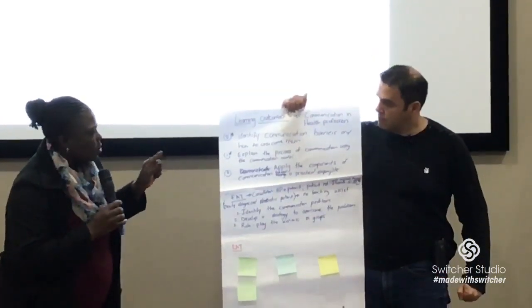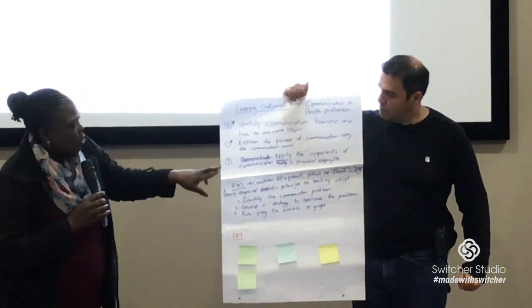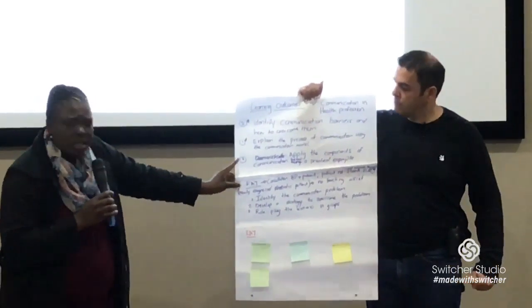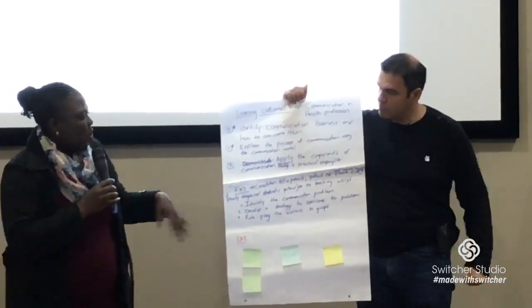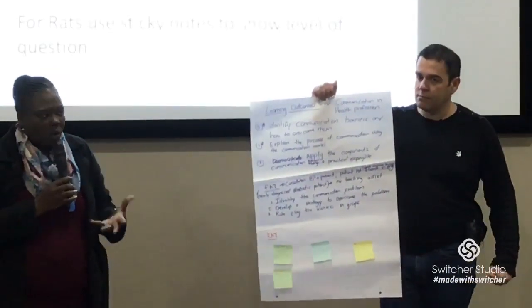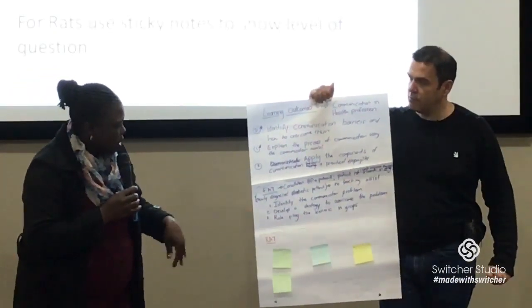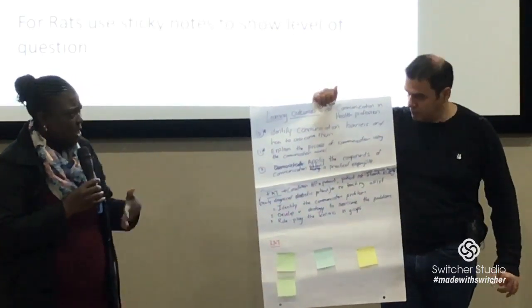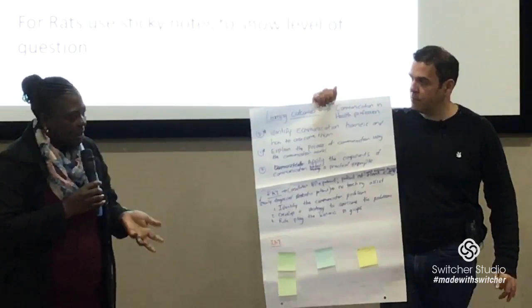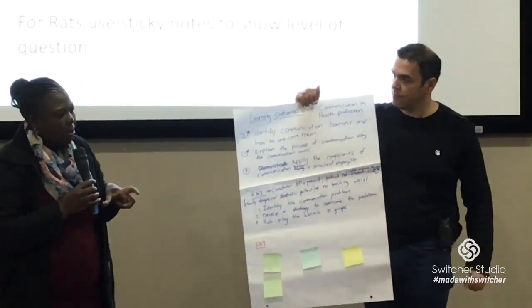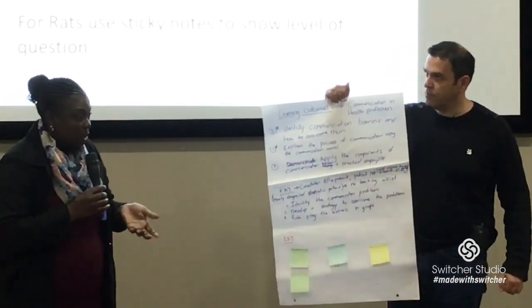Then they need to apply the components of communication based on a practical example. The task would be to role play a consultation with a scenario given. The scenario we chose is a consultation with a patient who cannot express themselves in English. So we're creating a problem where language will be a barrier.